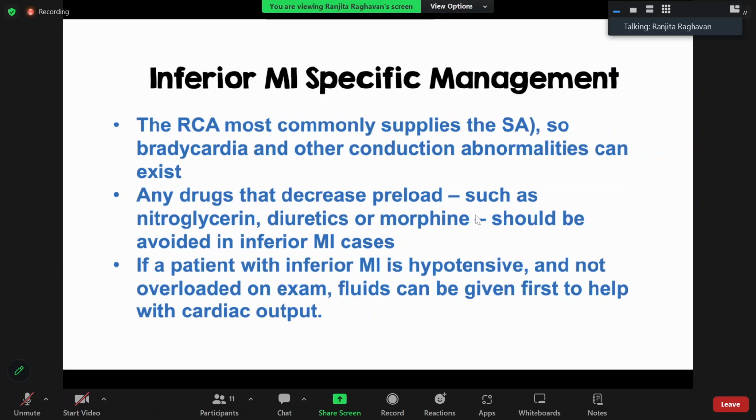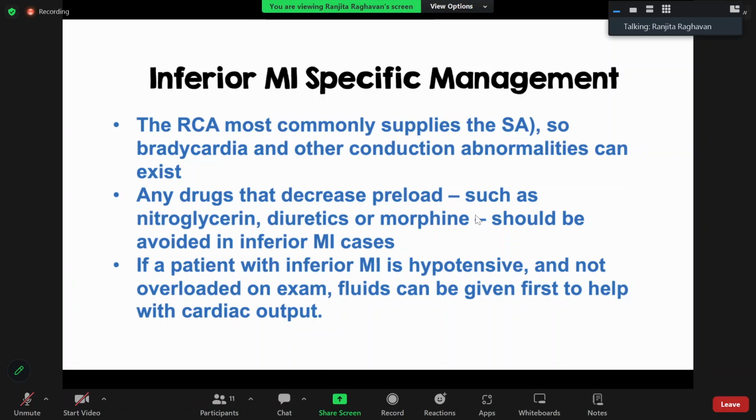But when it is the right coronary artery, a lot of times that is what is supplying the sinus node, which is why patients that have had that kind of MI are often going to be bradycardic as well. So you might need to even pace them, or deal with that bradycardia, because they're not perfusing their sinus node.